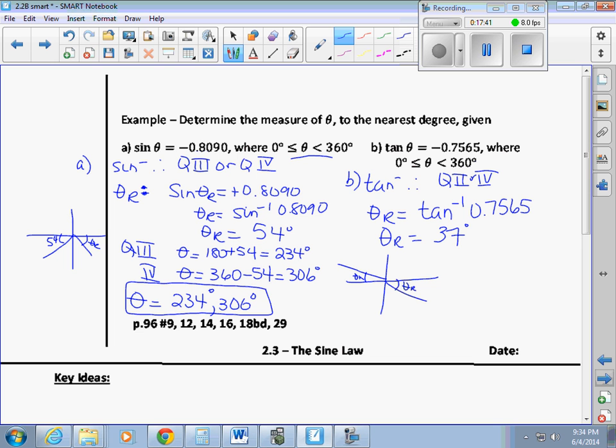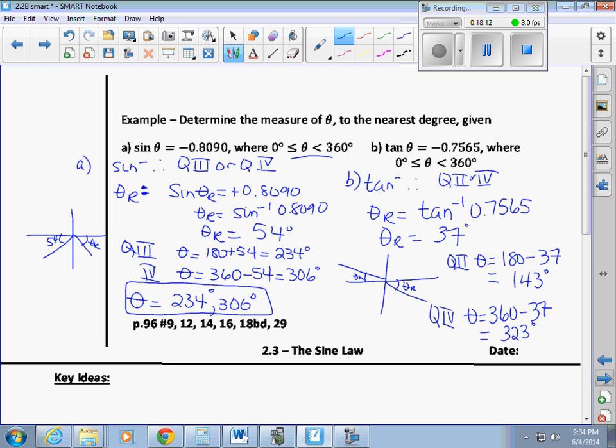So in quadrant 2 then, theta will equal 180 minus 37, because I'm going just a little off of that 180, so I have to take it away. So that equals 143 degrees. In quadrant 4, theta is going to be 360 minus my 37, so that equals 323 degrees.